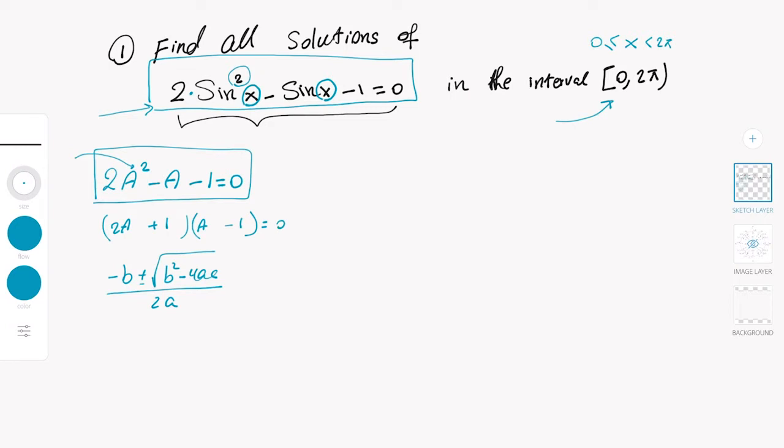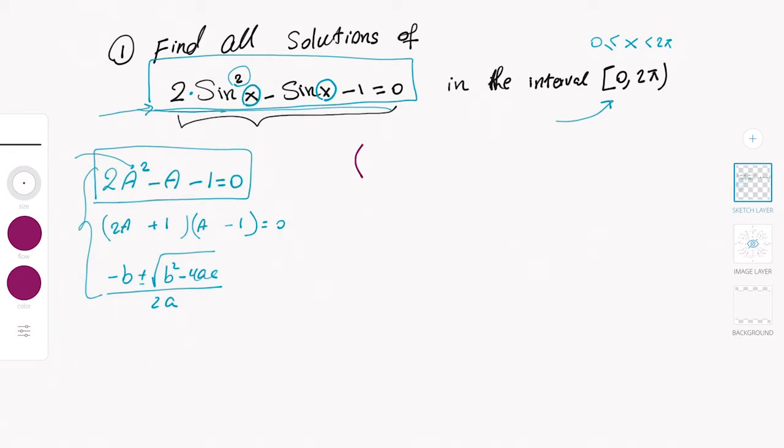So it's very important that in order to solve a trigonometric equation, at the beginning, it would be good to spend a few minutes to see what we have and what techniques we can apply. So the only way we can solve this one is by applying the quadratic technique. So I'm going to factor it.